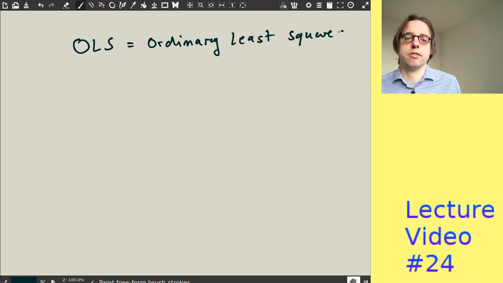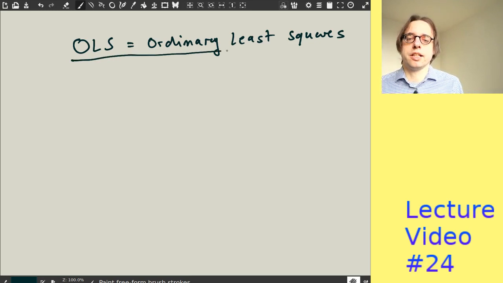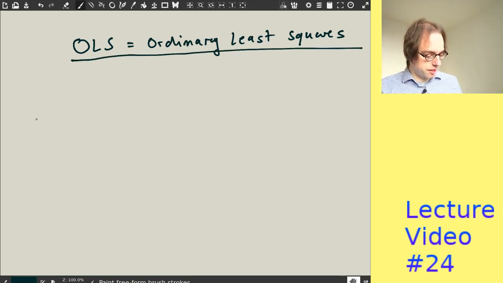So what does ordinary mean? Ordinary means it's not weighted, because there's also weighted least squares. So that's the method we'll use first, and then later we use maximum likelihood and see how both methods are linked.